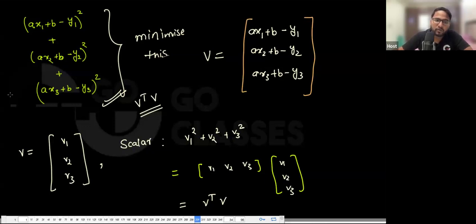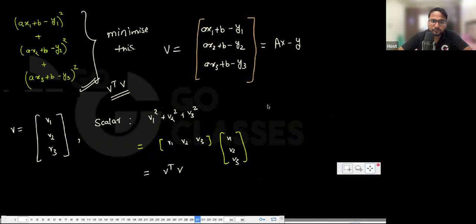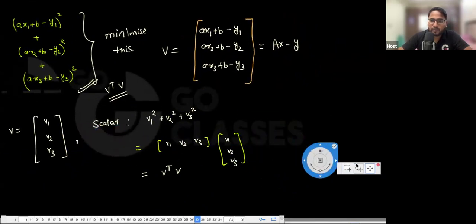Okay, great. So now what people have done, instead of calling this a v, is they have said, let's just call it ax minus y, where a is like this.